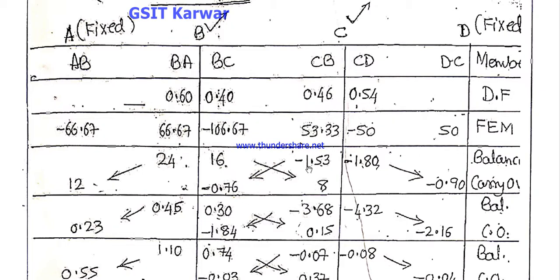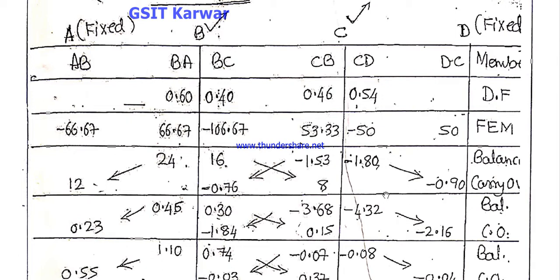And here minus 1.53 by 2, minus 0.76. Like that, this balanced moment, 50% you can carry towards the far end. It is very important. 50% means divided by 2 to the far end CB.